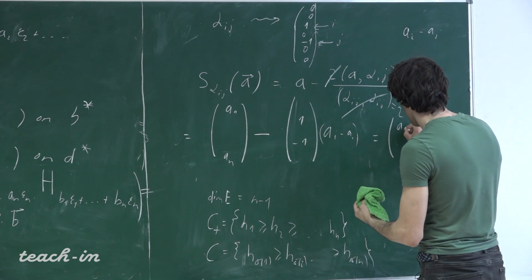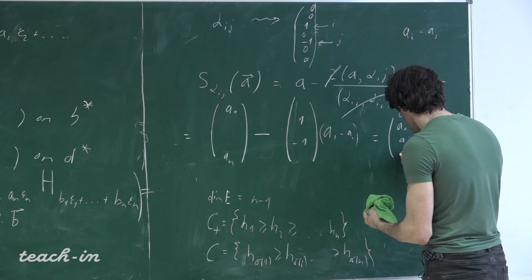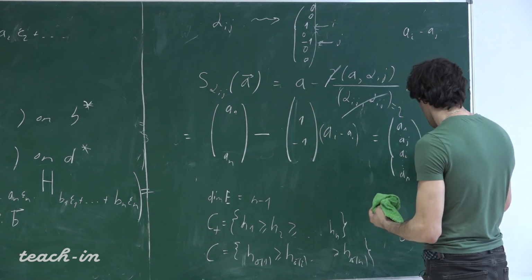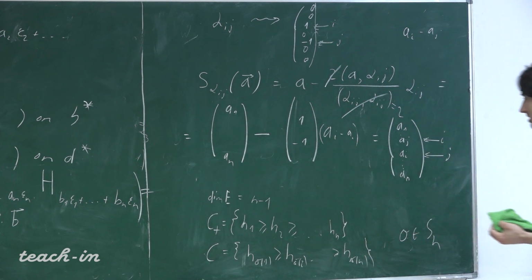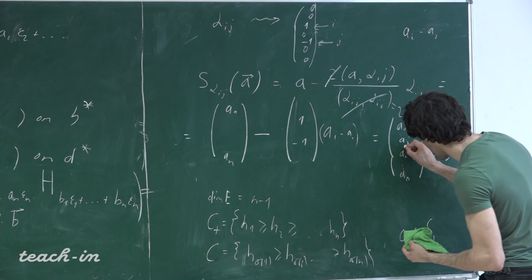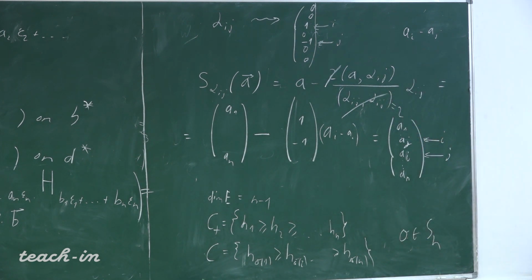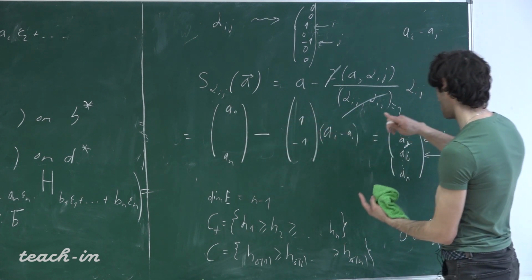So it's a1 and then aj, and ai, an. And this is on ith place, and this is on jth place. So this is j, and this is i. So you just see explicitly that you take A and the action just interchanges.